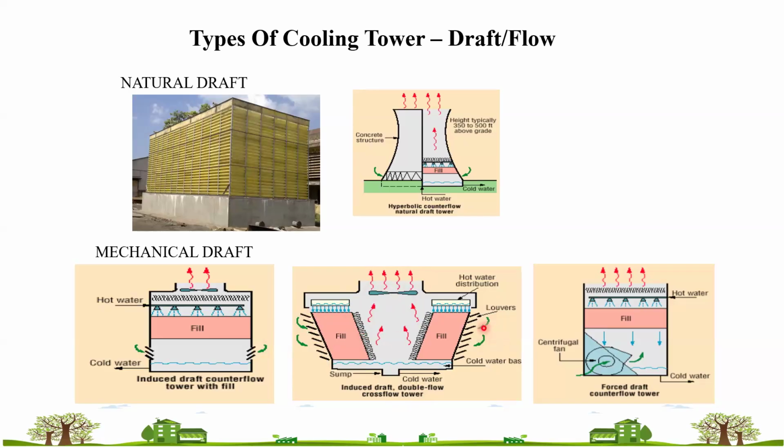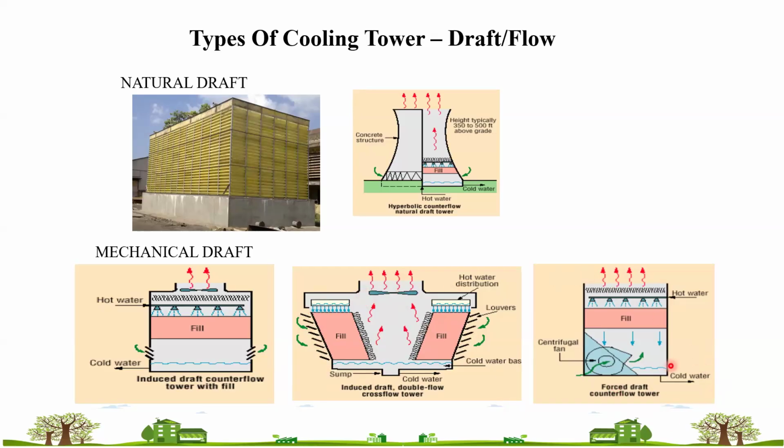Louvers are provided beside the fill section, and the water is circulated from the fills to the atmosphere. So it's an induced double flow. It's similar to the counterflow, but it's a double fill structure, and hot air discharge is from the top of the system.